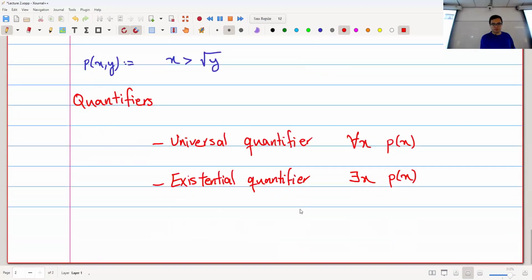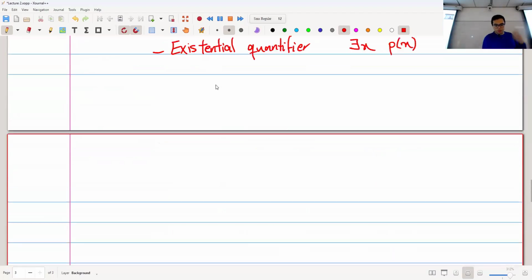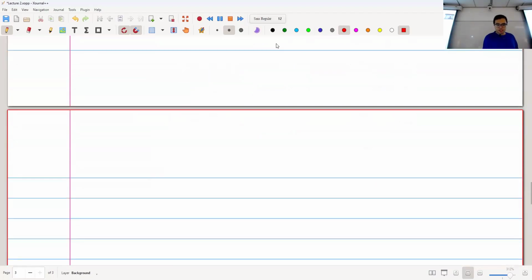Okay. So now I can use these quantifiers to write new statements or new propositions. For example, I can say for all x, x squared is greater than 0. Now, x squared greater than 0 on its own is a predicate.